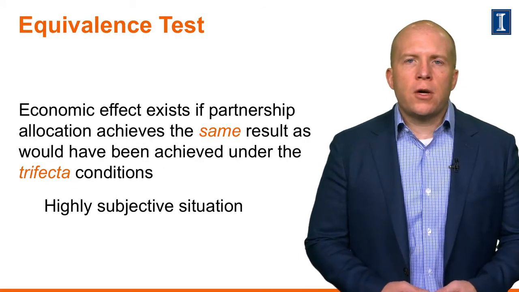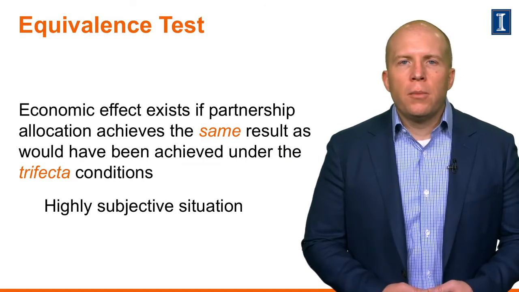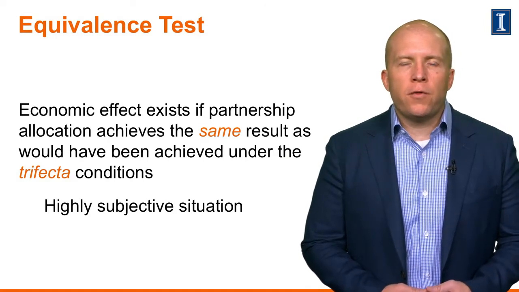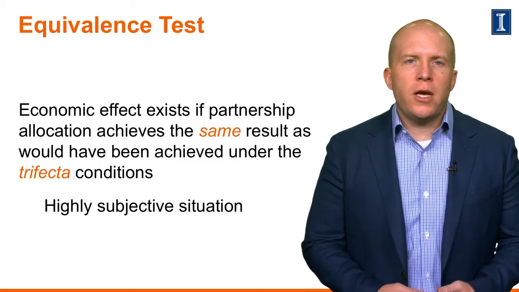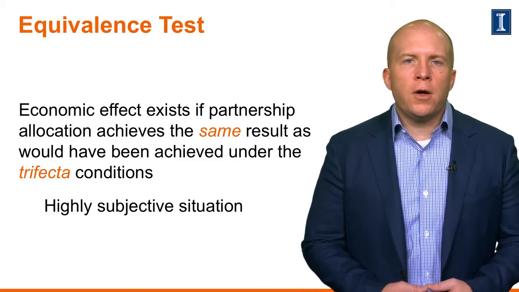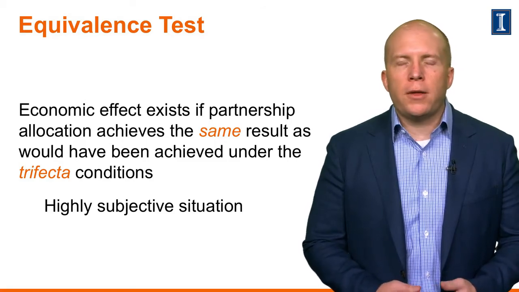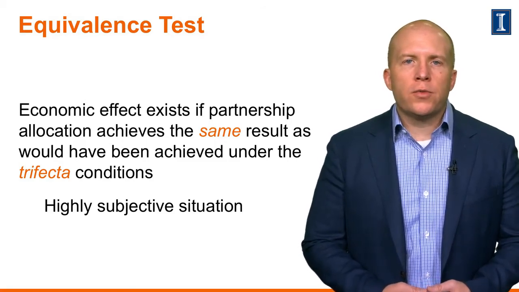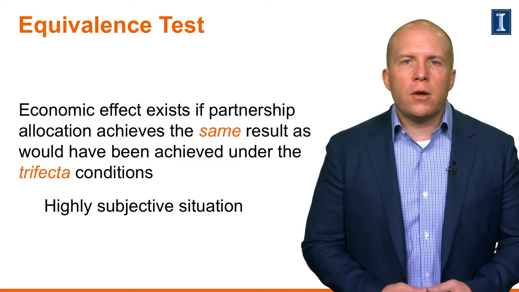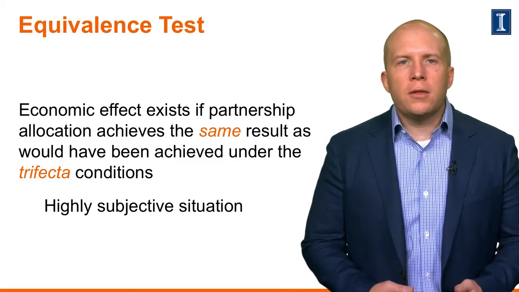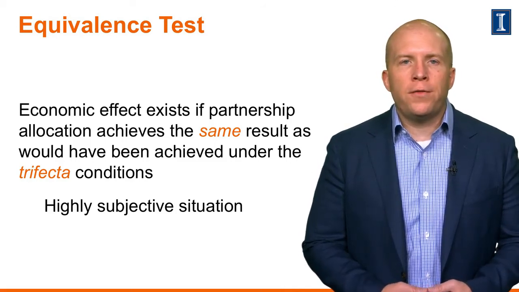Finally, the third test, called economic effect equivalence, provides that economic effect exists if the partnership allocation achieves the same result as would have been achieved under the conditions of the trifecta without containing the provisions required by the trifecta. In other words, there is room for the partner to argue that the end result of an allocation is economically the same as would have occurred if one had followed the trifecta, a highly subjective situation.